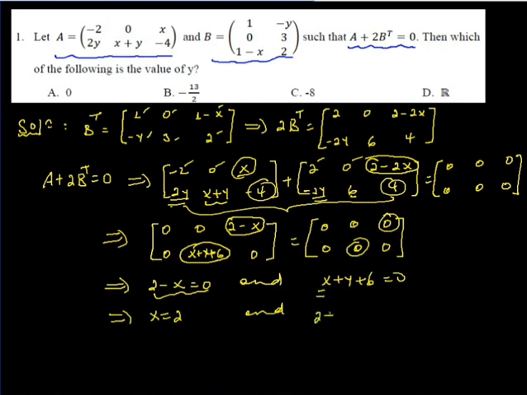Use x equals 2: 2 plus y plus 6 equals 0. So this means y plus 8 equals 0. The y value becomes minus 8. So the answer for this problem is C.